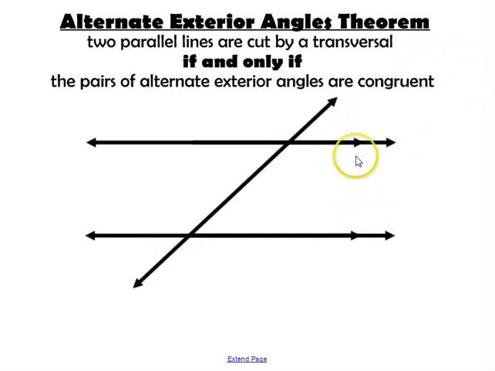So again, we have the parallel lines, so we know that the alternate exterior angles, the ones on opposite sides of the transversal outside of the two lines, are going to be congruent to each other. And our other pair of alternate exterior angles will also be congruent. So again, think about the theorem versus the converse and what you're given and what you're trying to conclude.